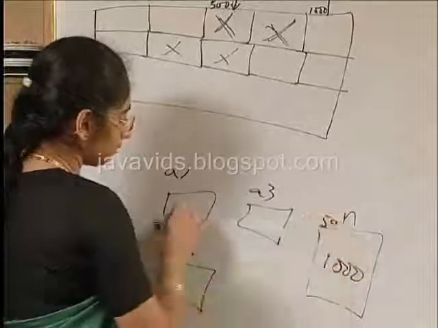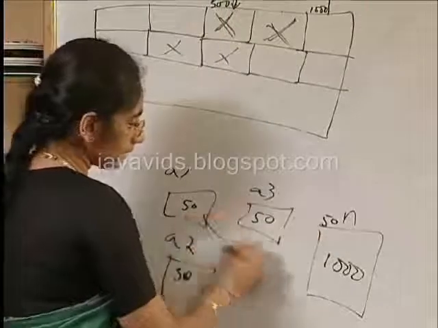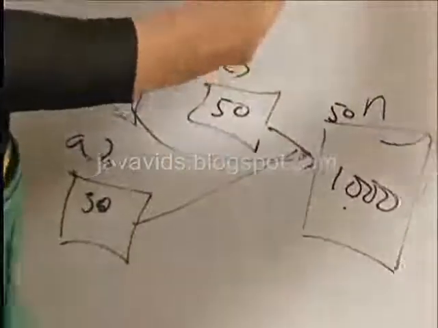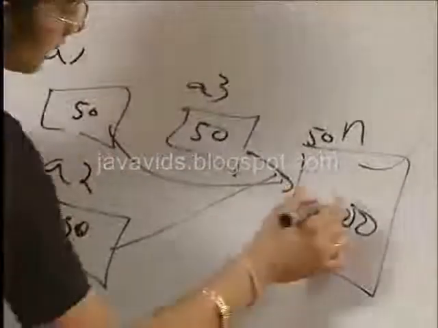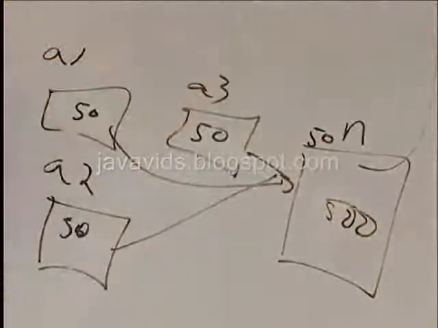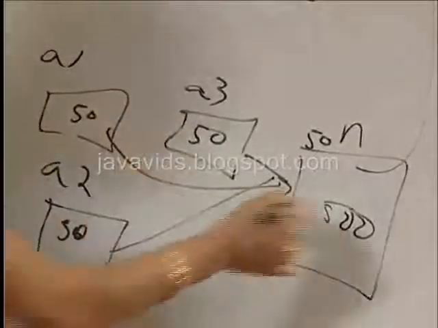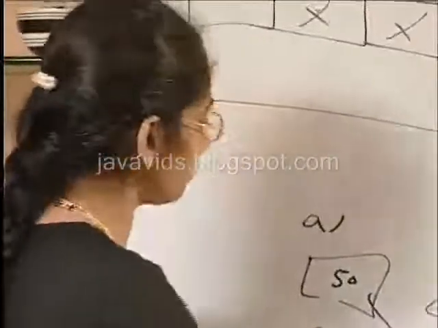Let's say this n is at memory space 50, so all these three variables are referring to 50, and n is referring to 1000 here. So when I shift this content from 1000 to 500, how many changes do I need to make? Only a single change, that is at n. So I could have an indirection for all these object variables, so the change of address can be implemented at only a single space. Depending on the JVM implementation, it could either have this indirection or not.